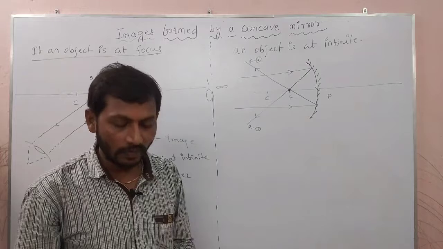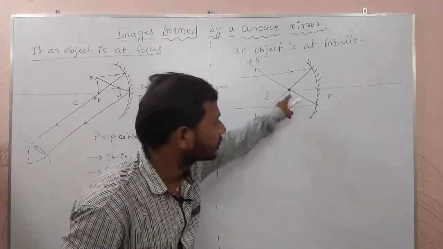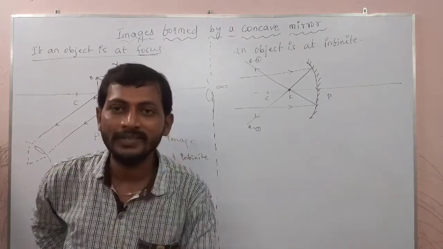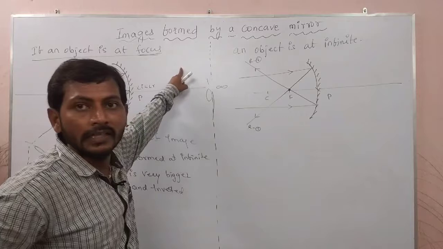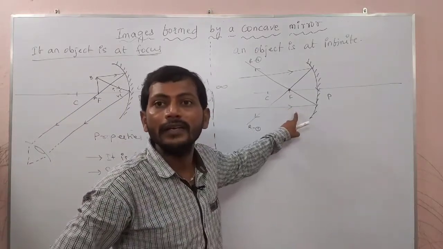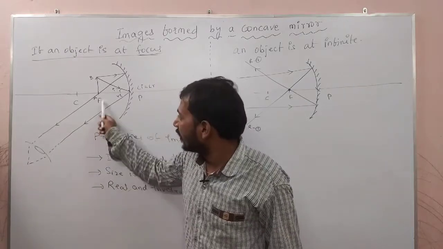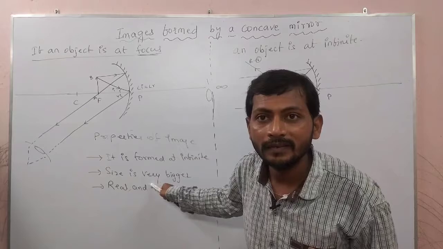Did you find what is the size of the image at the focus? Very pointed. Clear? So now when the object is at infinite, what is the size of the image? Point. Can you compare this one? In the previous case you have seen that when the object is at the focus, the image is very big.